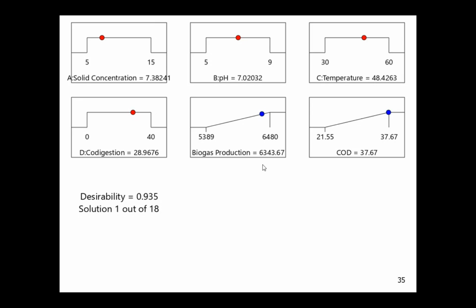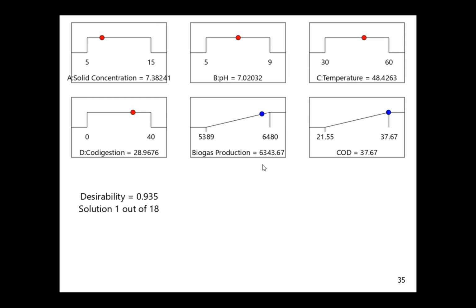So by using this ramp plot, we can identify the optimal input conditions and also the predicted outputs. The output is also predicted for the optimal conditions. That is also given here.